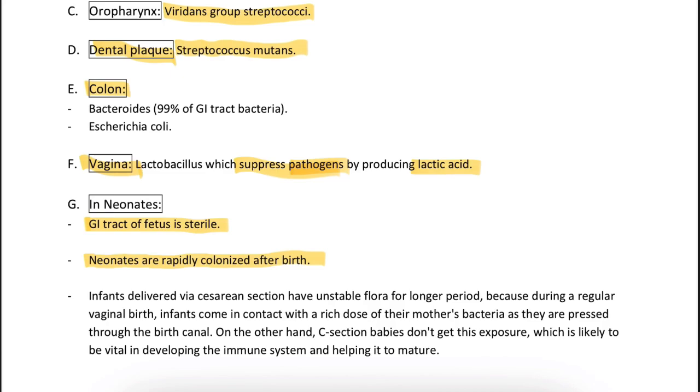As a source of infection, in immunocompromised patients normal flora can cause sepsis, urinary tract infections, or endocarditis. And antibiotic-associated problems: broad-spectrum antibiotics can disrupt normal flora, leading to superinfections like Clostridioides difficile colitis.